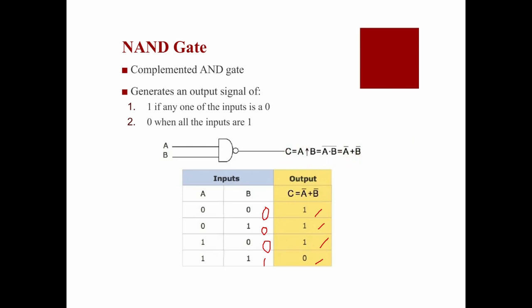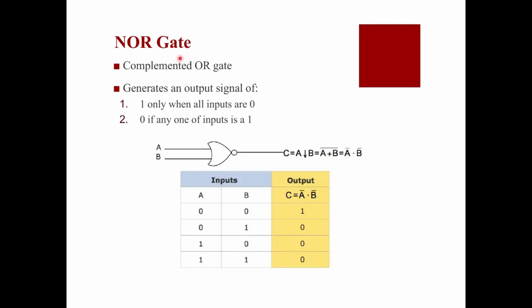Okay, NOR gate is combined from NOT plus OR. Now, you can see the output here is the opposite of the OR gate.